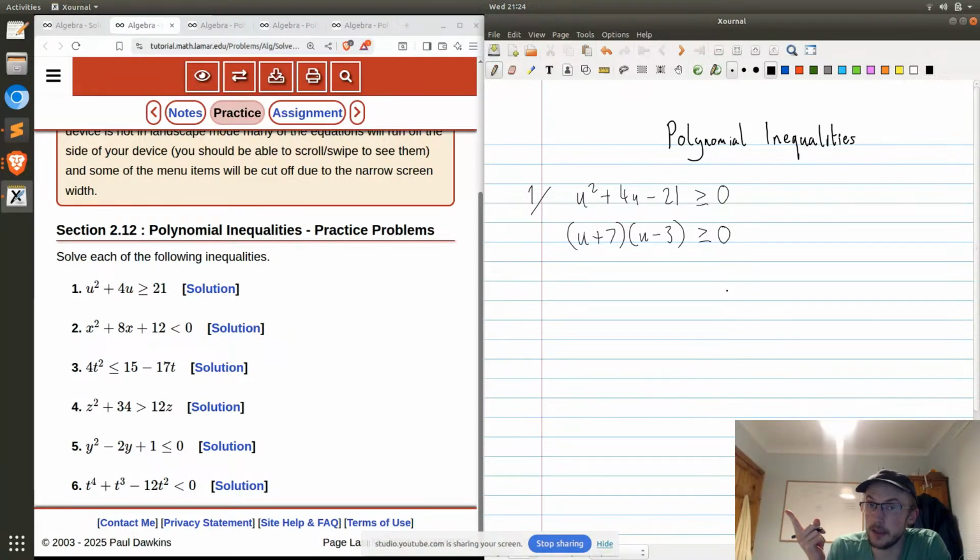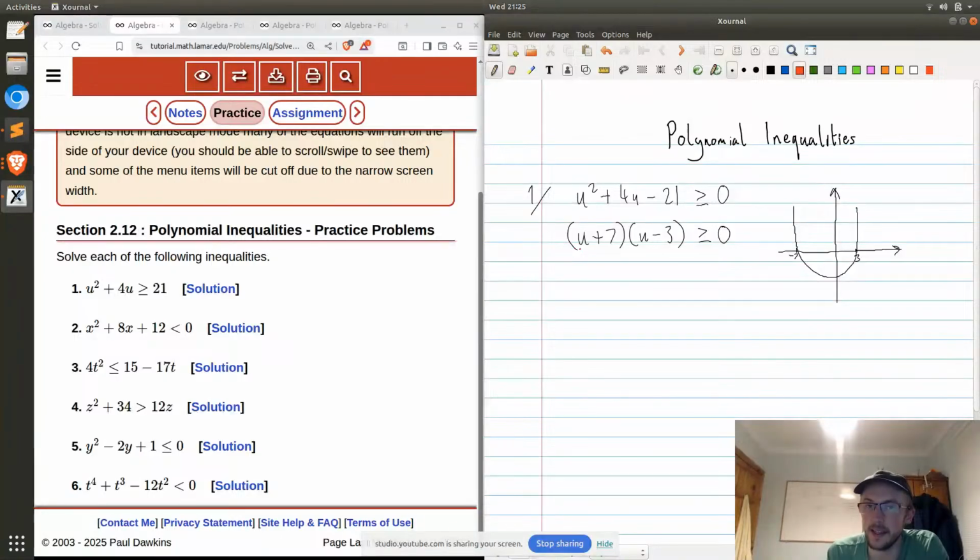Now, visually, I'm picturing a quadratic graph, a classic U-shape or parabola shape, which cuts through the x-axis at -7 and 3, right? That's what I'm picturing in my mind. And how does that help me?